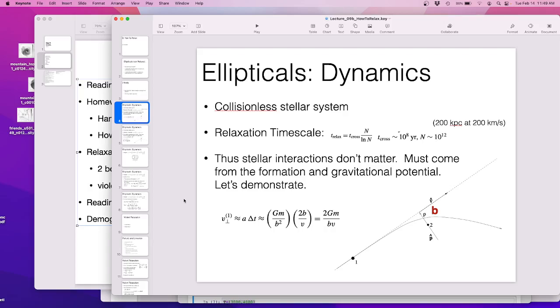Each star is going to interact with every other star by gravitational dynamics, like this. How long does it take for a star to get turned by 90 degrees? That means a whole change in its velocity.